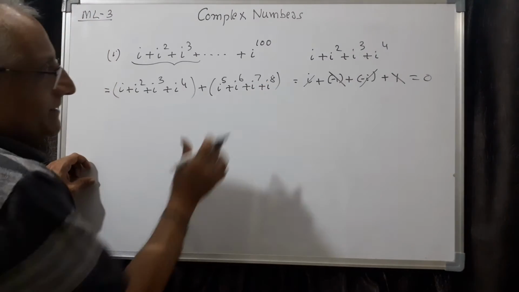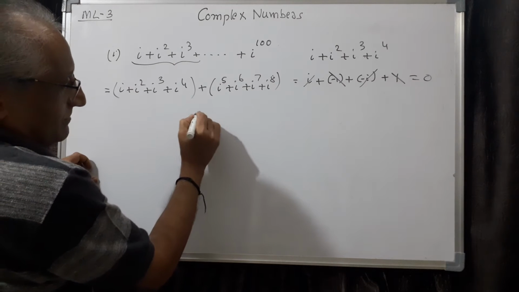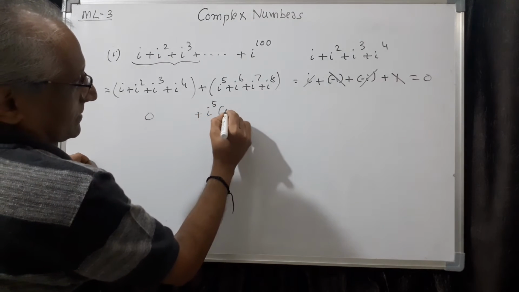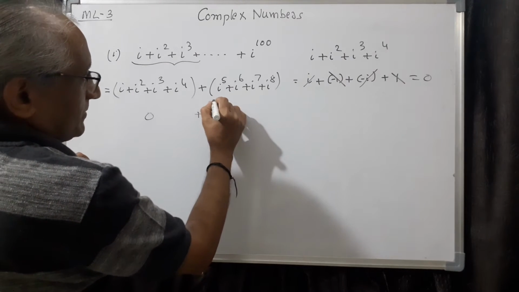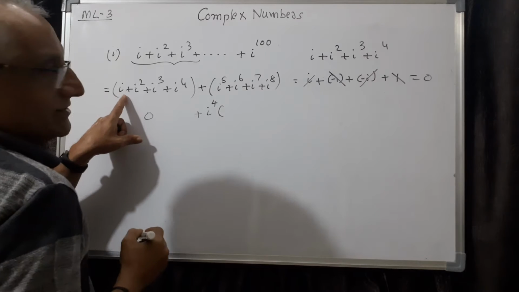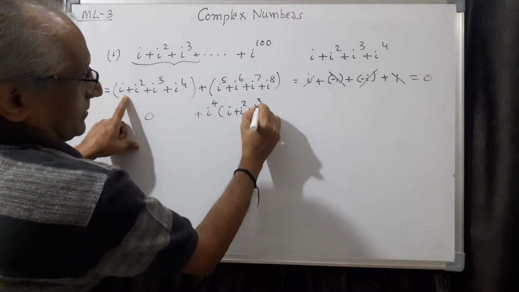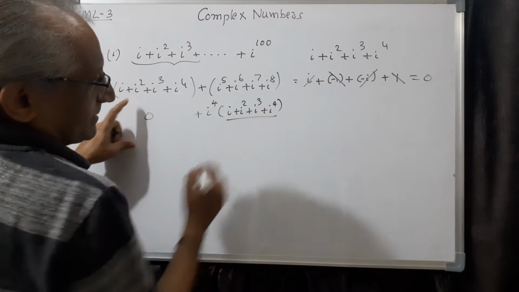This is 0 because you can take i power 5 common. Instead of i power 4, you take out i power 5, because i should be there. This is i square, i cube, i power 4. Once again this becomes 0.